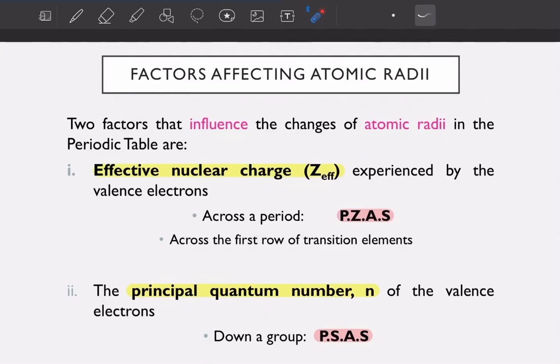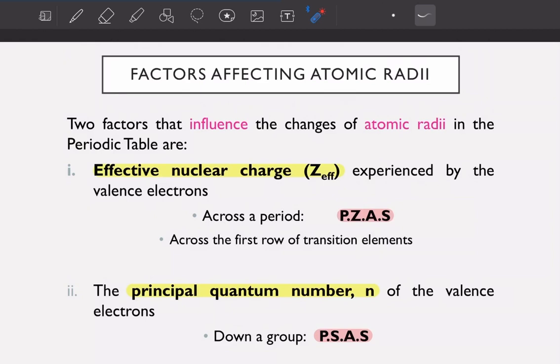So how are we going to explain the trends across the period, down the group, and across the first row of D block elements? There are two factors that affect the size of your atom. The first one is effective nuclear charge, the actual nuclear charge that is felt by your electron.